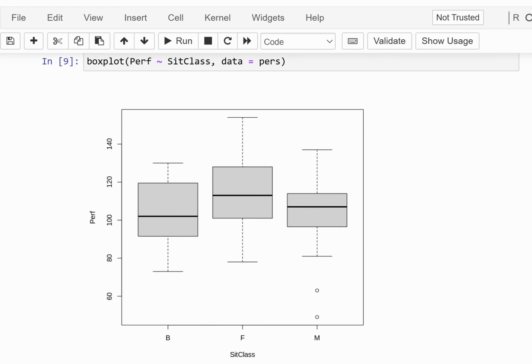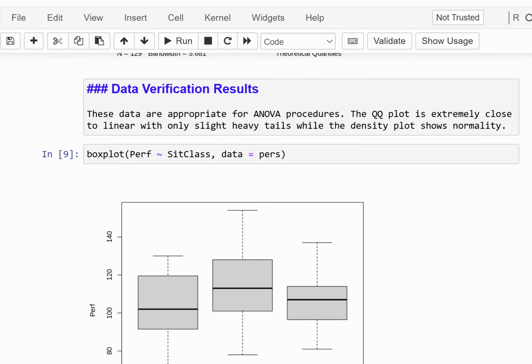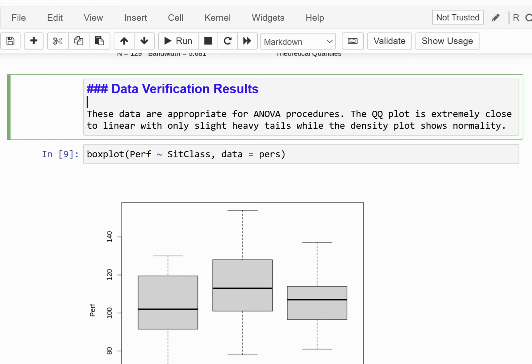It does not. Notice we have a couple of outliers, but again, as long as the overall sample size is greater than 15, we'll be fine. And since I'm not getting a great way to find the sample sizes, I'm going to run this. This will help us determine the sample sizes. So we're good here.